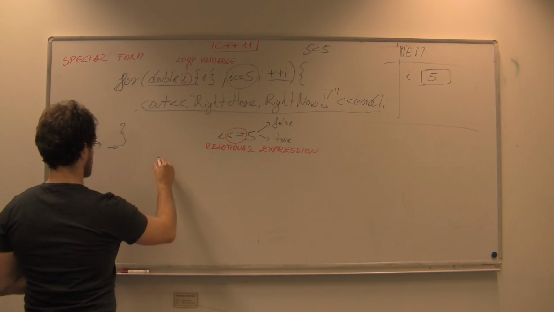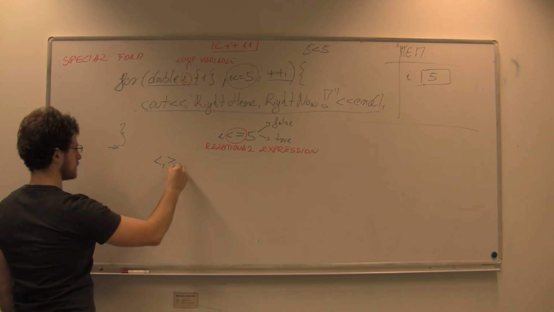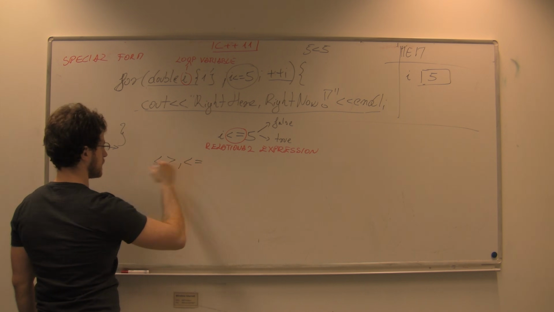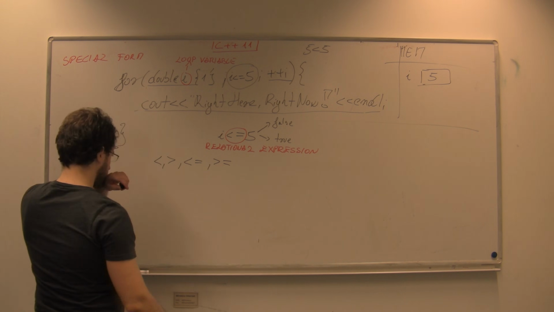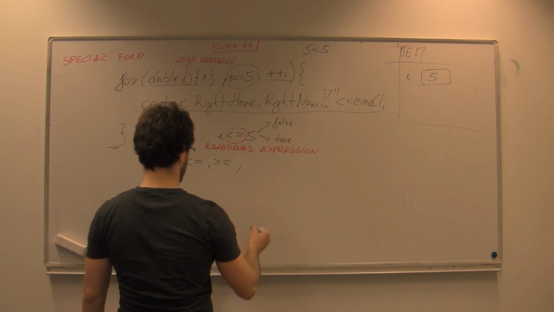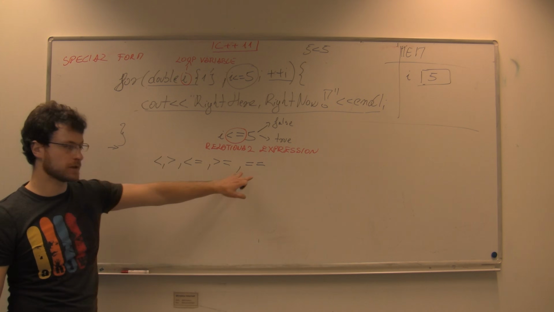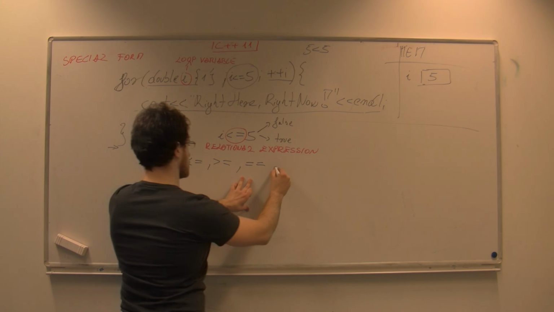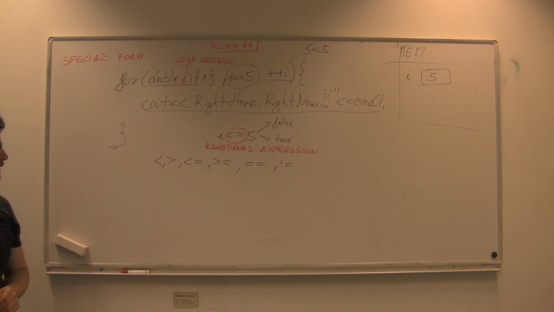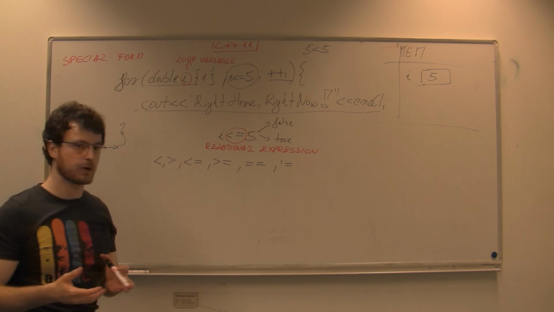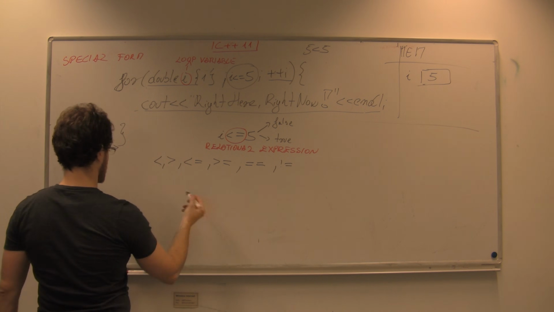We have less than, greater than, less than or equal, greater than or equal, and we have equality, which is expressed with double equal signs, and we have difference. So let's see how they operate, just to reaffirm what we already know.